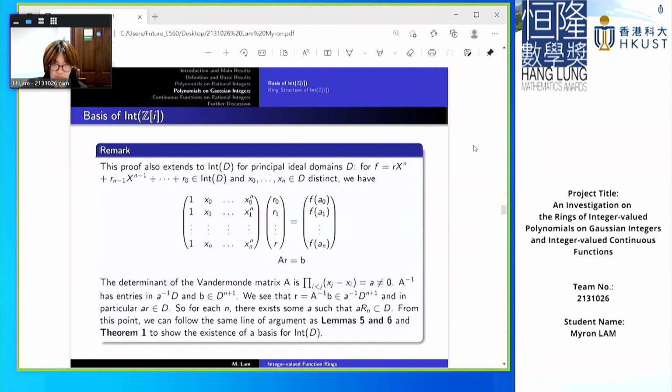As A inverse equals 1 over a times the adjugate of A, and all entries of the adjugate matrix are in D, A inverse has entries in 1 over a times D. The column vector B belongs to D to the n plus 1, and so it follows that R equals A inverse times B belongs to 1 over a times D to the n plus 1. In particular, aR is an element of D. In other words, we have found an a in D such that aR_n is a subset of D.